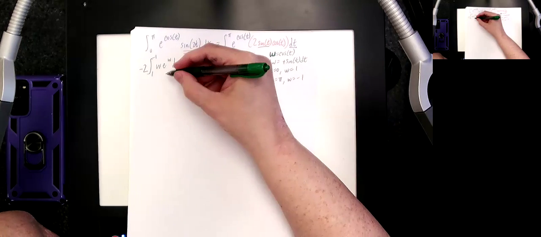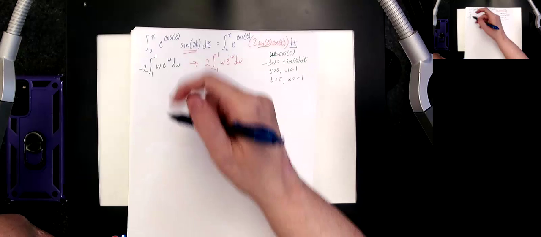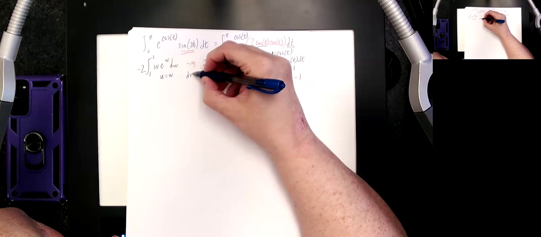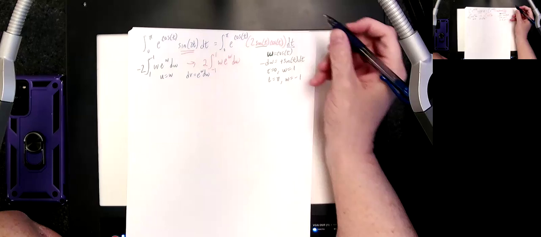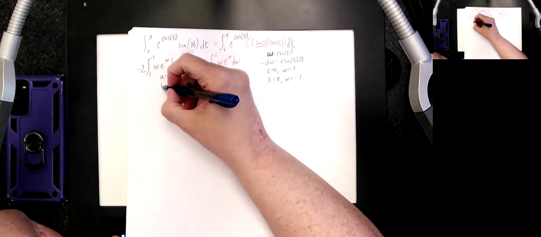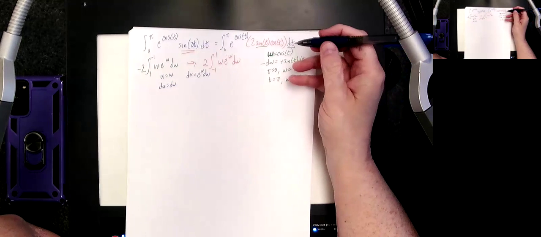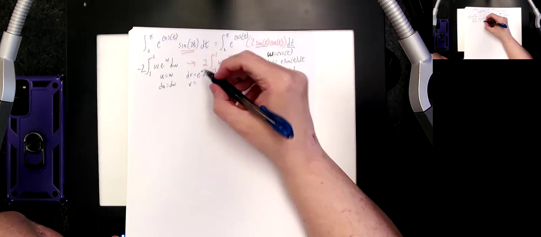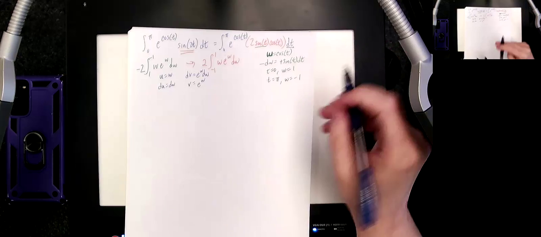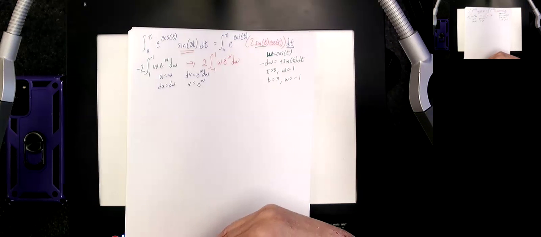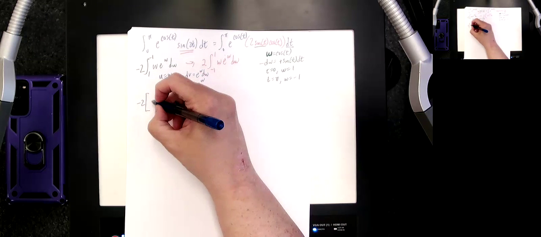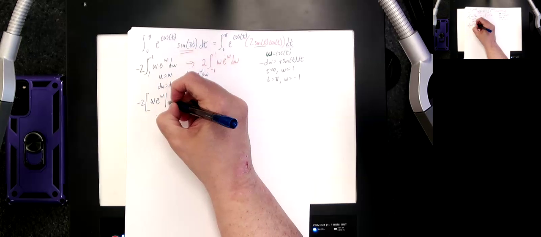Now we'll do our U subs. We'll do U as W. And e to the W dW will be our dV. So we have our -2. UV is W e to the W from -1 to 1.